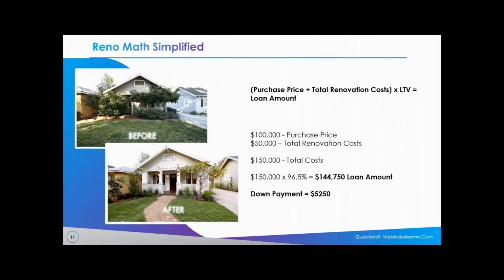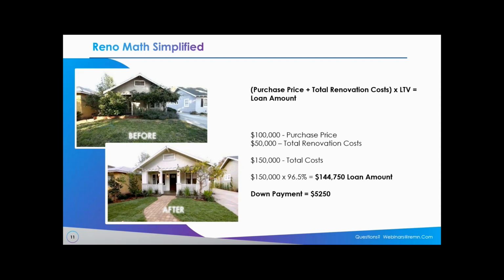Okay, so let's talk about simple renovation math. All right, on a purchase, this is a basic scenario. The down payment does not come off of solely the purchase price. It comes off the purchase price plus total renovation costs.